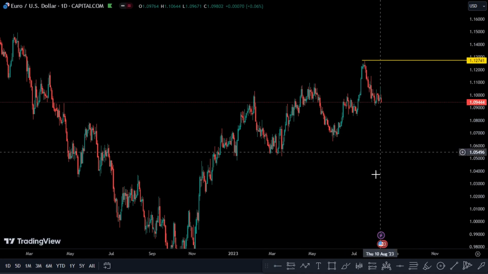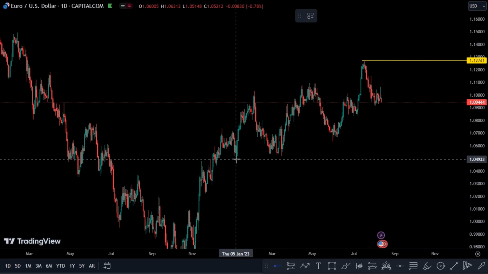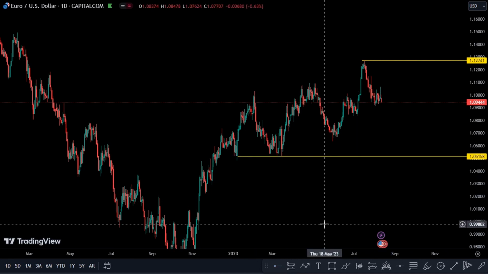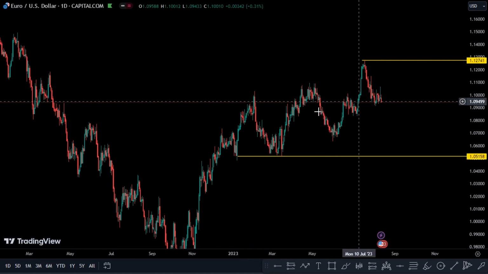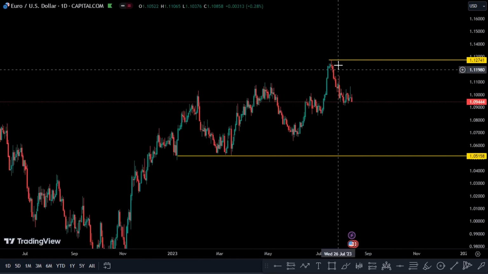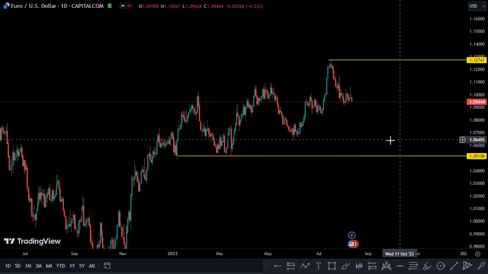So that's our current swing high. Then this area right here would be our current swing low. And we're basically capitalizing here on this movement from here to there, and then from there to here.